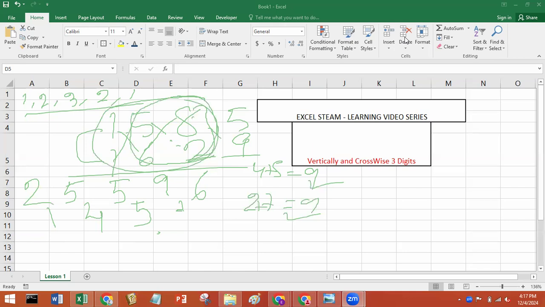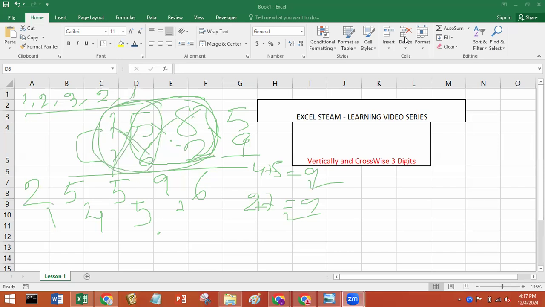Then you take the last two digits, moving from right to left, so in this case the tens and hundreds. Again, we do the crosswise and add it. And finally, the digits in the hundreds place, we multiply them vertically, and that is the answer that we get.